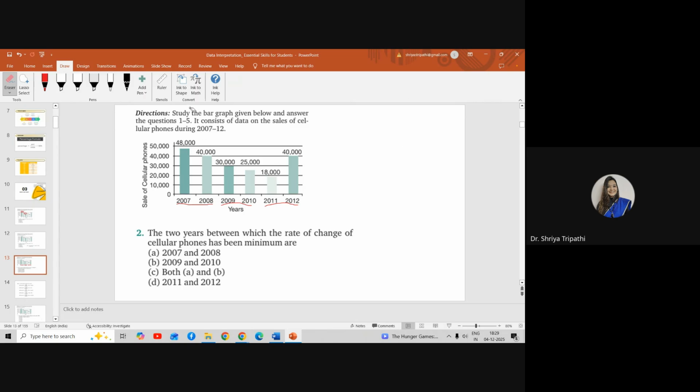So in the first one, 2007, 2008, the base year will always be the first year. So here we will write 8,000 divided by 48,000, which is my base year. The difference 48 minus 40, we have 8,000 divided by 48,000 into 100.